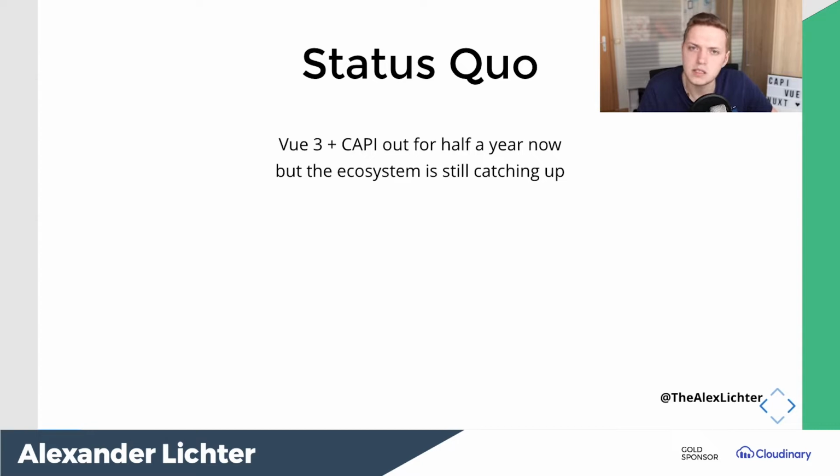Yeah, but the Composition API is out and the ecosystem is still catching up because that takes some time, right? Good news is that more libraries provide composables or have been providing composables for quite some time, like Vue Apollo, Vue I18n, also official, quote unquote, official libraries like Vue Router, Vuex. So that's pretty cool. And the Composition API has been backported to Vue 2 as a plugin.